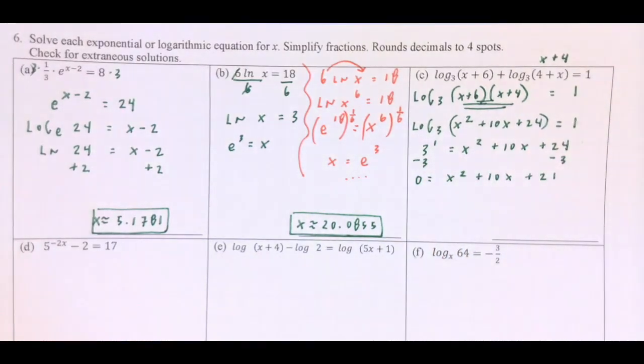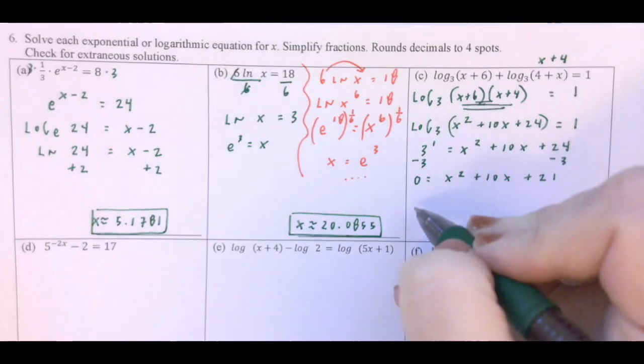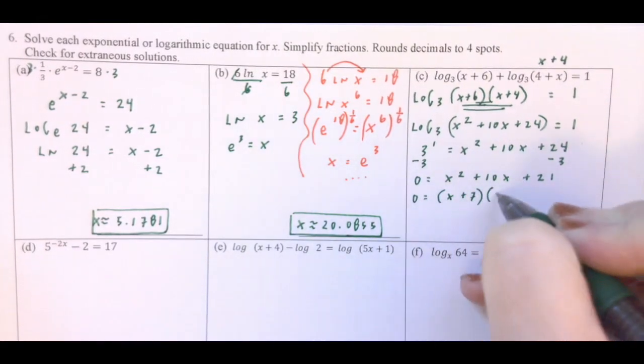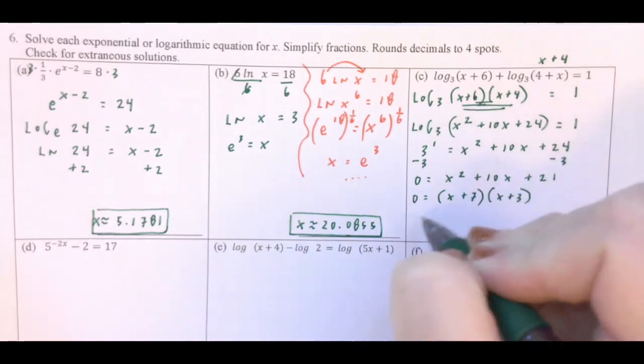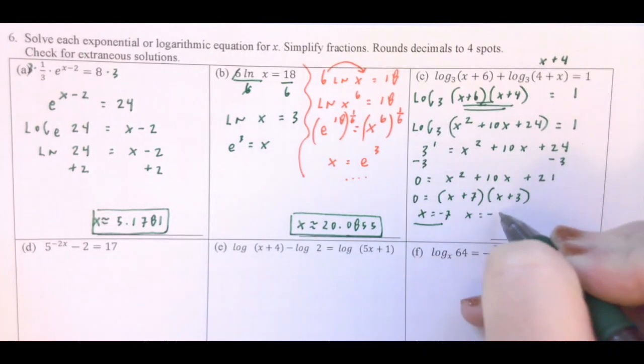So 0 equals x squared plus 10x plus 21. Multiplies to 21, adds to 10. Got to be x plus 7 and x plus 3. So my two solutions would be -7 or -3.